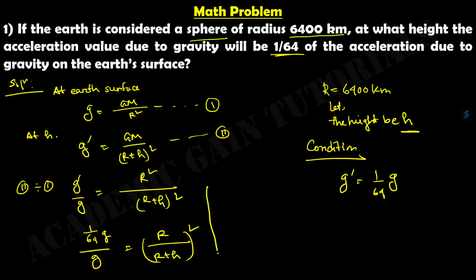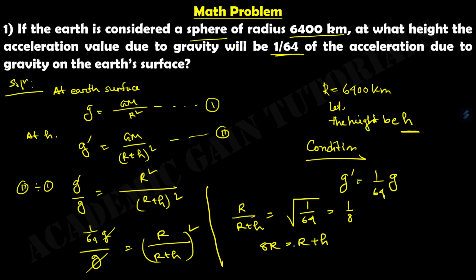If I cancel this g, then r by (r plus h) is equal to root over 1 by 64, which is equal to 1 by 8. Then we can say that 8r equals r plus h.